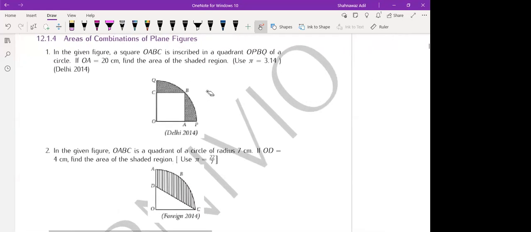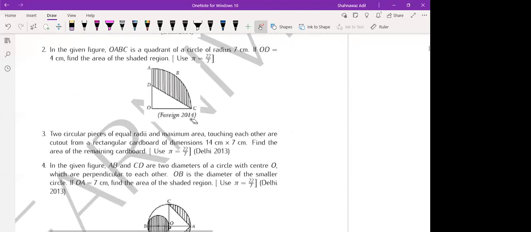So how will you calculate the area of this shaded region? So area of the sector minus area of the square. Good. So that is the only thing that we require in this chapter. Which part we have to remove, which part we have to add. Good. And what about the second question?